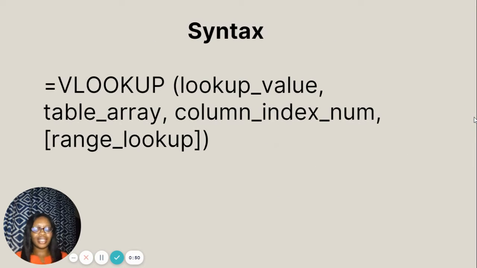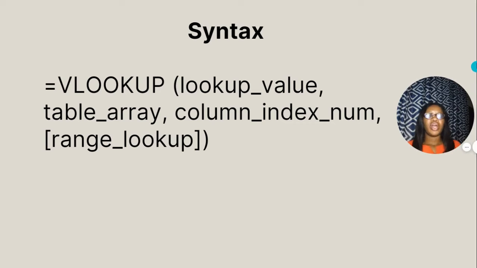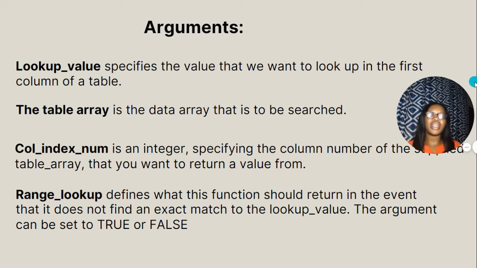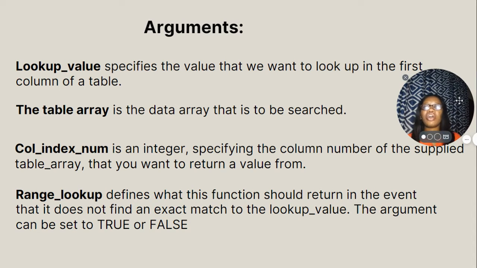The syntax is equal to VLOOKUP, open bracket, the lookup value, comma, the table array, comma, the column index number, comma, the range lookup. Also, to discuss further on the arguments, the lookup value specifies the value that we want to look up in the first column of the table.